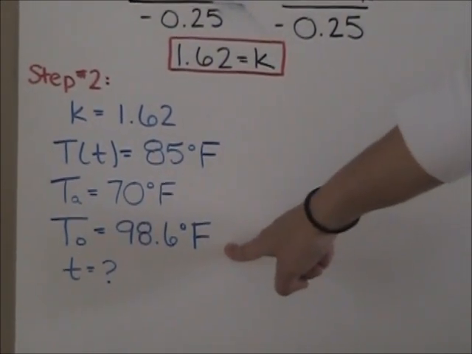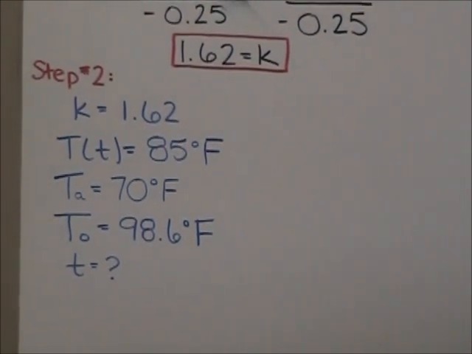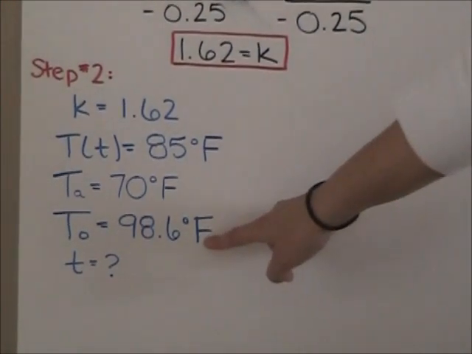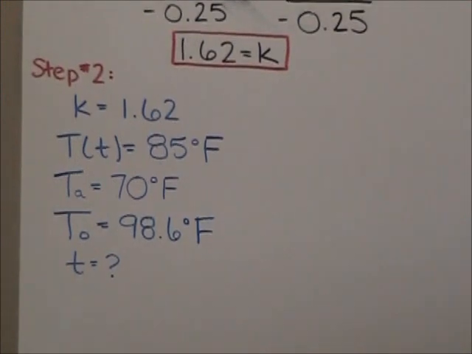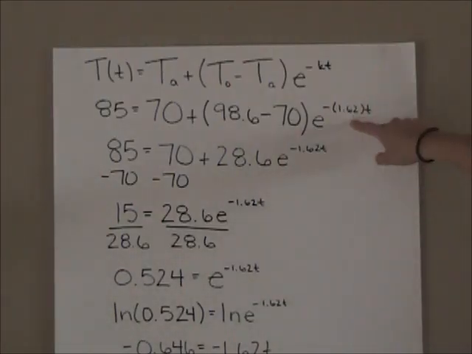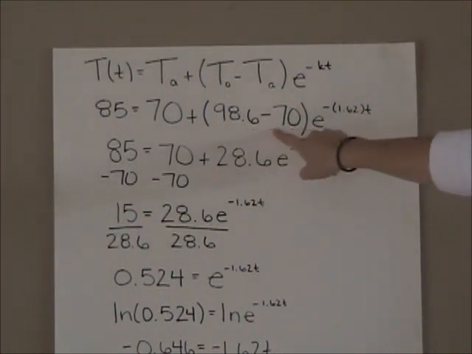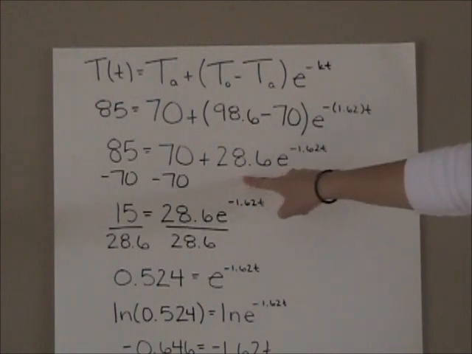And the initial temperature, we're going to assume that dogs and humans have the same body temperature, is 98.6 degrees Fahrenheit, and we're trying to find t. So now after we plugged in with our new numbers, we have to go through the same sort of steps because this time we got to get t by itself. So we're going to subtract 98.6 by 70 and get 28.6.